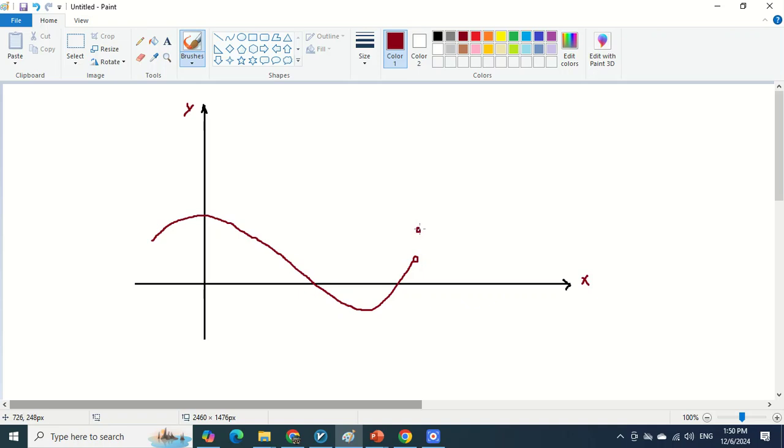For instance, over here at this point I have a gap, and it happened because I lifted my pen from that point. So we should find a way to describe this situation by using some mathematical concepts.